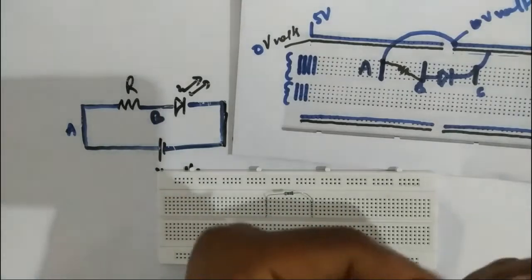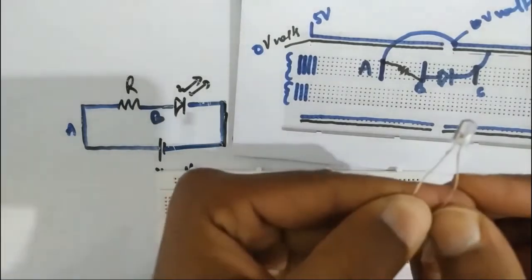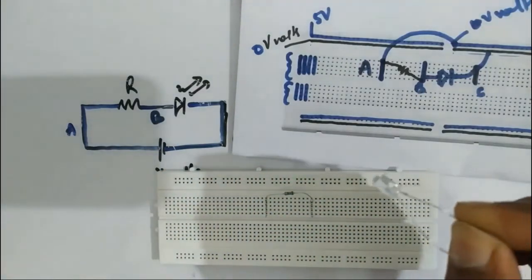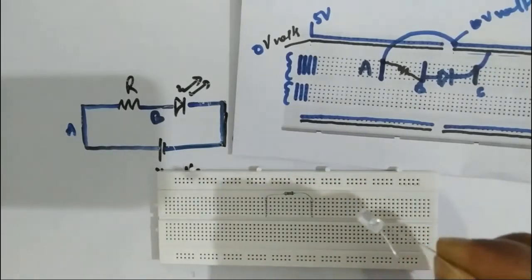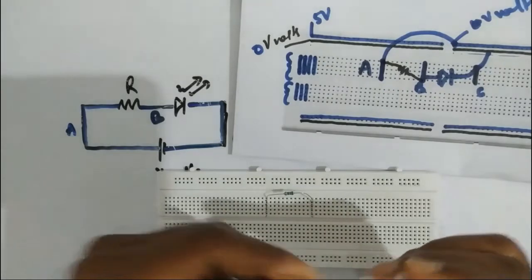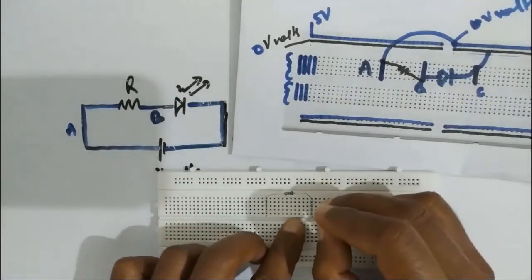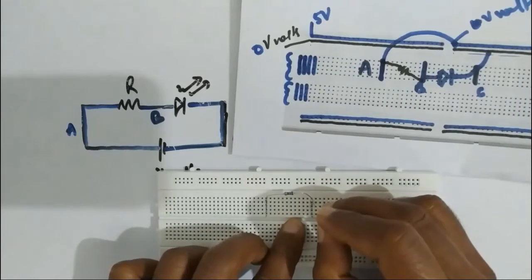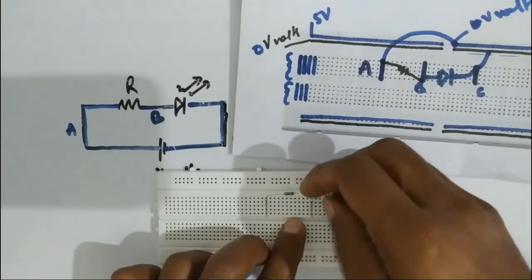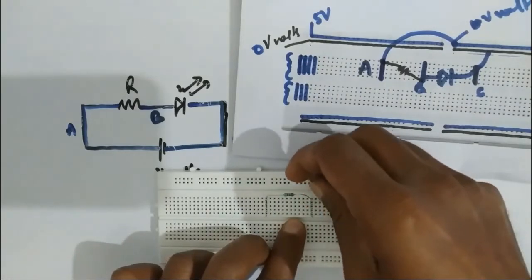So this is an LED. How to identify the positive and negative ends of different electronic components we will see in the next class, in another video. For the time being, we just consider this point as the positive. So we have to connect it on any of these 5 ports. On one of the ports we have connected one end of the resistor, so we can connect it on any of these 4 available ports, right?